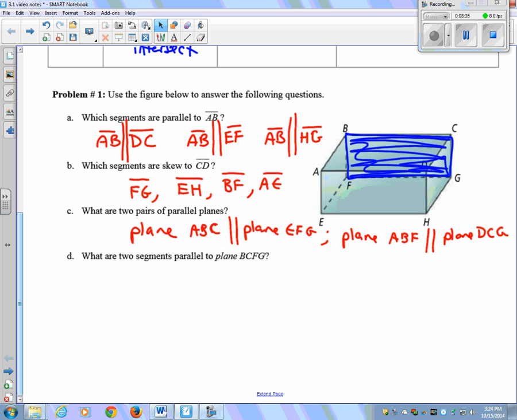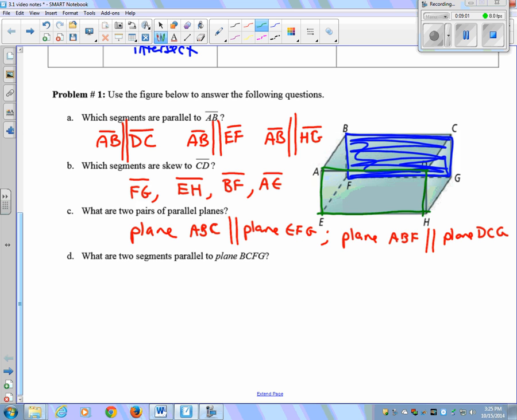Well, we can't pick any of the ones that intersect, so we have to pick things that are not intersecting with that plane. So you may choose EH, AE, AD, or DH. Any of those segments that are on the parallel plane will be parallel to the plane.